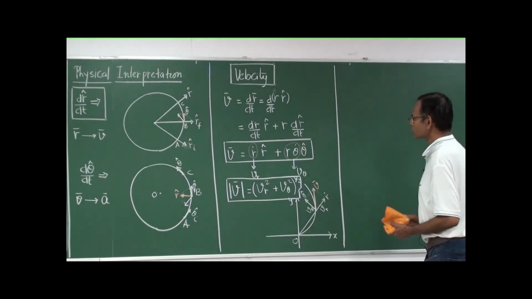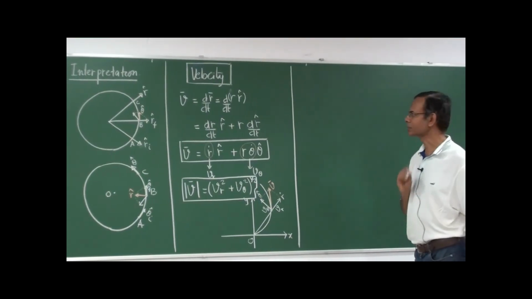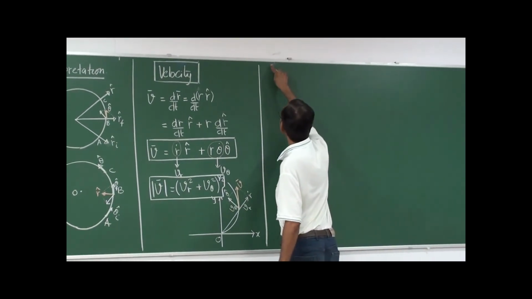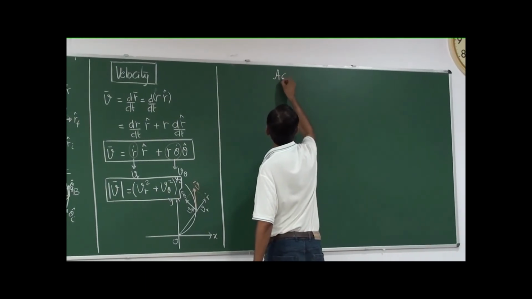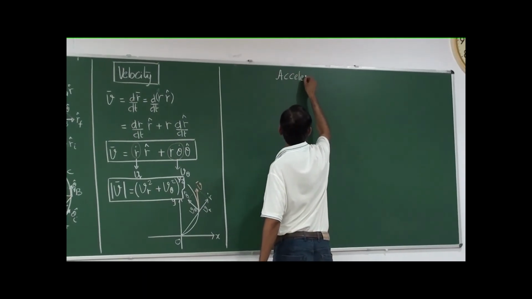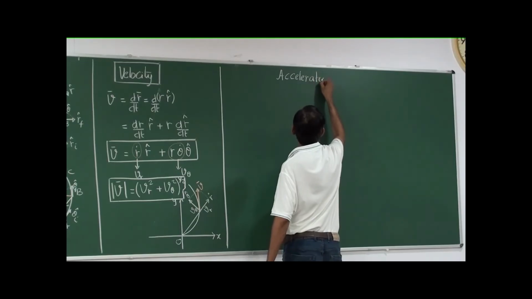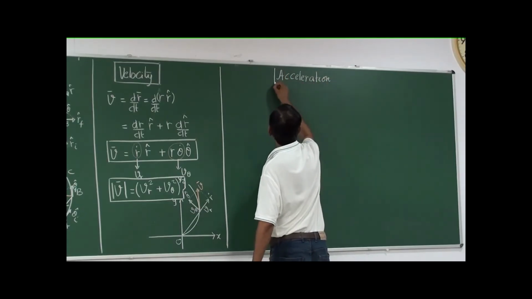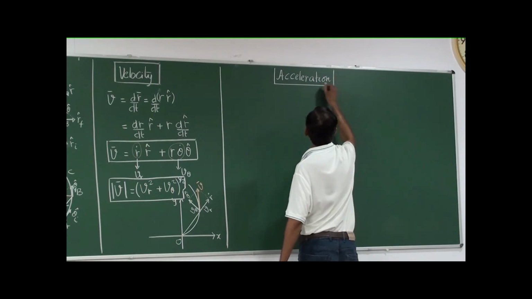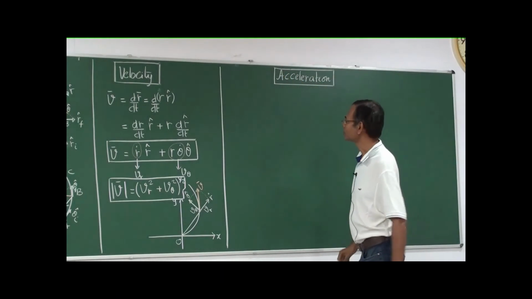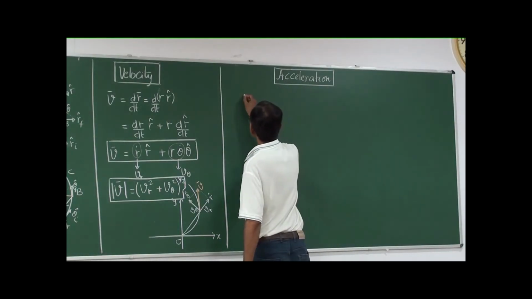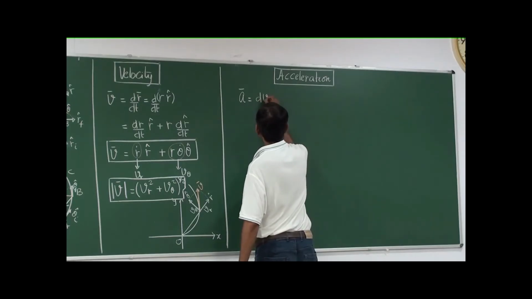Now let us come to the acceleration. Acceleration vector a is dv by dt, we all know that.